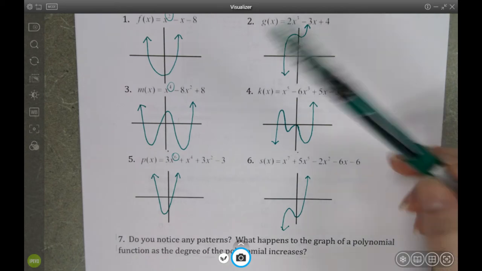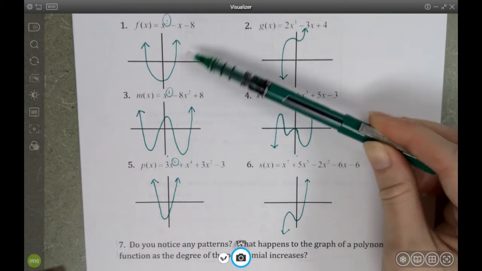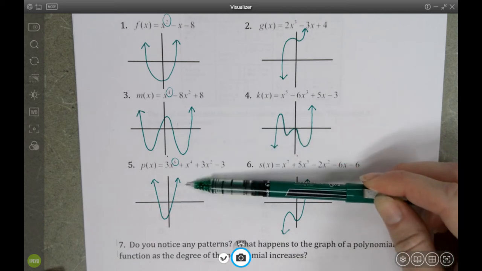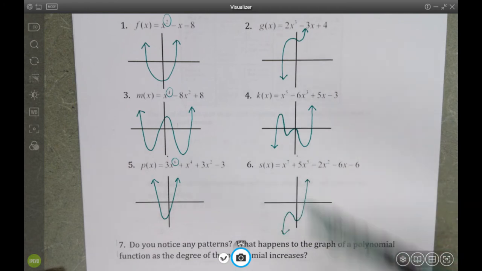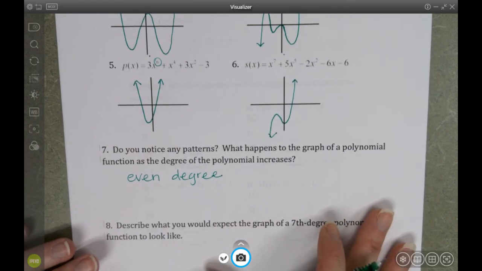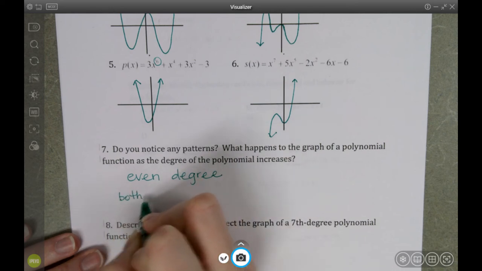Exactly. Okay. All of these had even numbered degrees, right? Second degree, fourth degree, sixth degree. And all of these opened up, both of them. So when it was an even degree, both arrows point up.